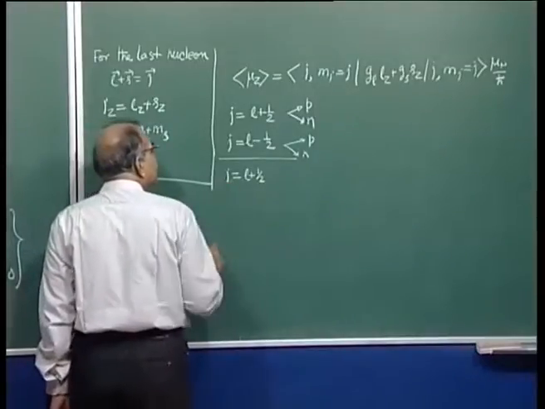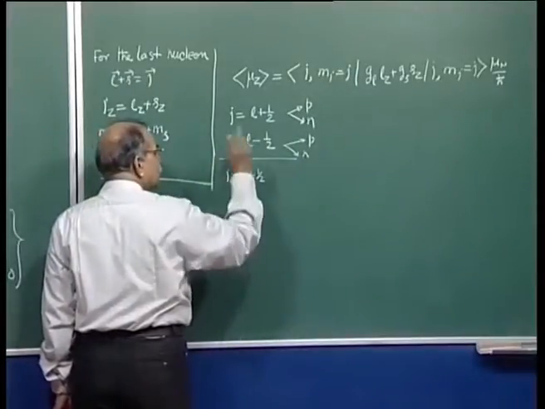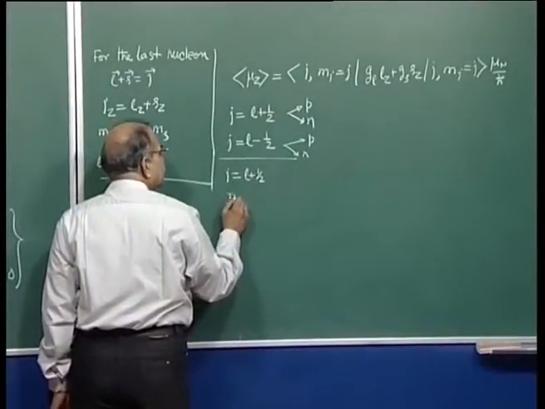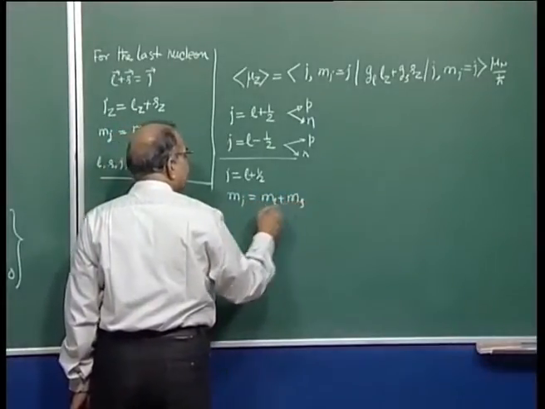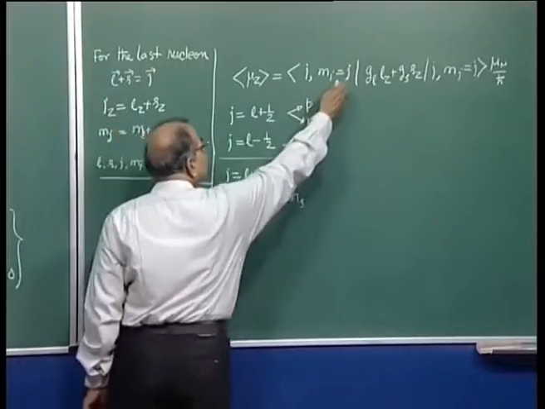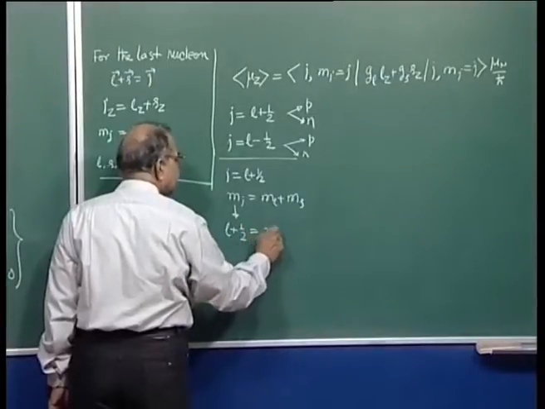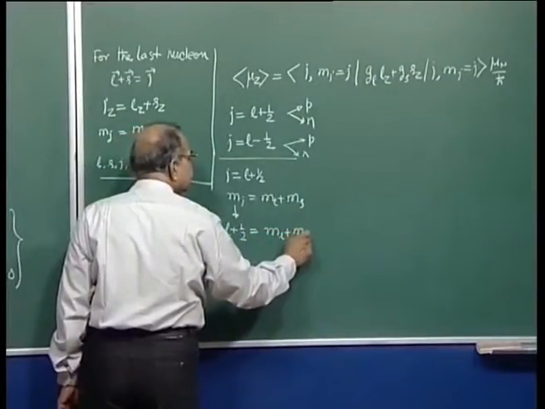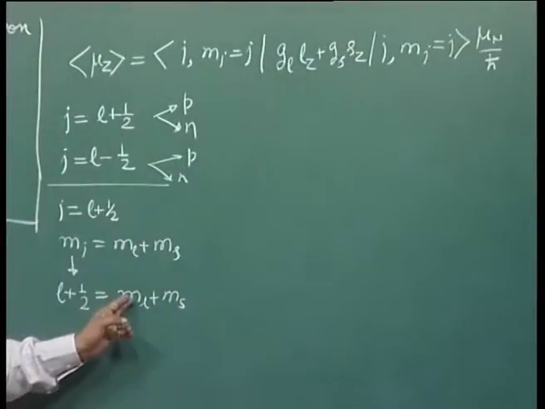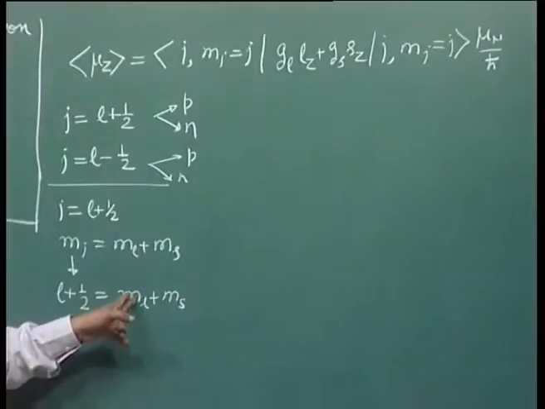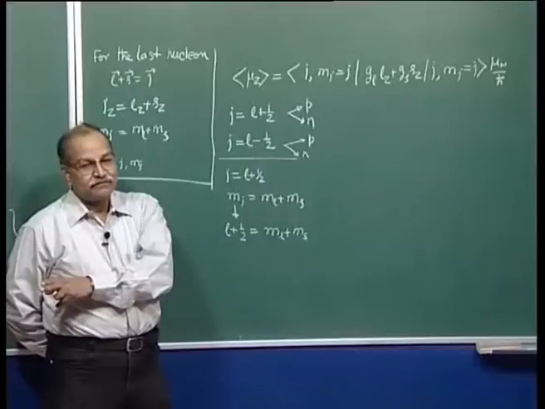Now, if J equal to L plus half and we are asking Mj equal to J, that is the largest value. Mj is equal to Ml plus Ms, and Mj we are asking for J, that is L plus half. So, L plus half is equal to Ml plus Ms. Now, the possible values of Ml are L to minus L in steps of 1.